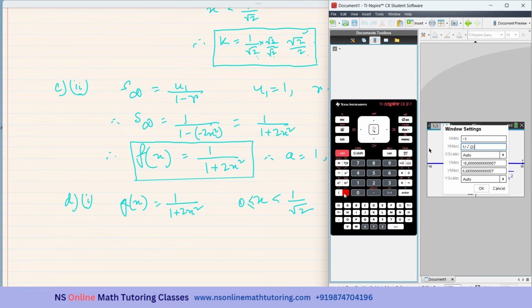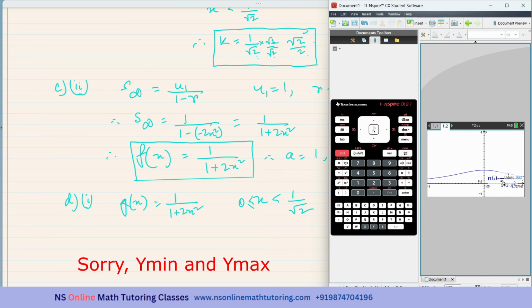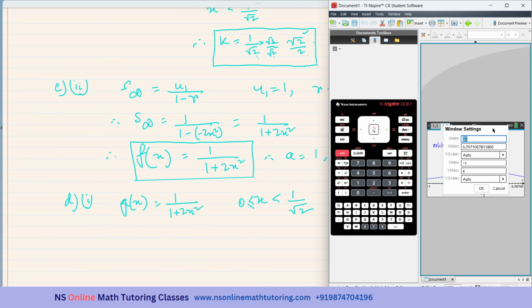Let me keep x min as -1 and x max as 4. Oh my goodness, -1 is too much towards the left, so let me take x min as -0.3.